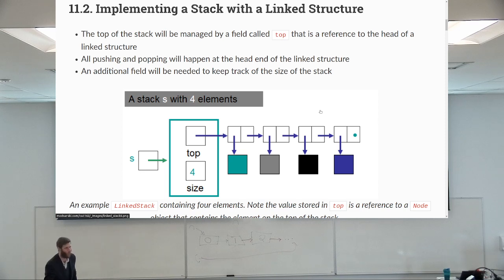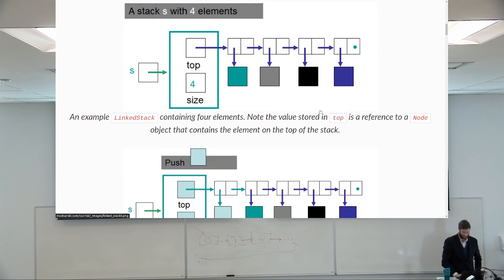That's not a thing anymore because this is not an array. Top is referenced by some reference variable, but the field size is just the count, how many things are actually in there. So this is the idea. Top will reference the top of the stack. Size is the number of elements in the stack.